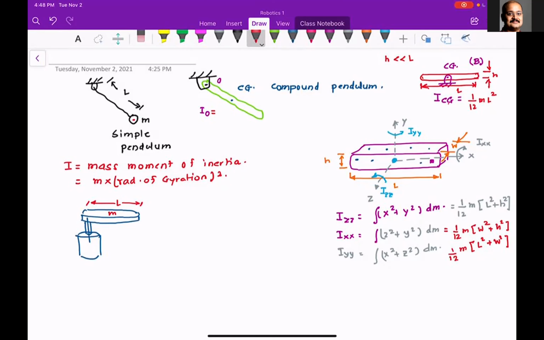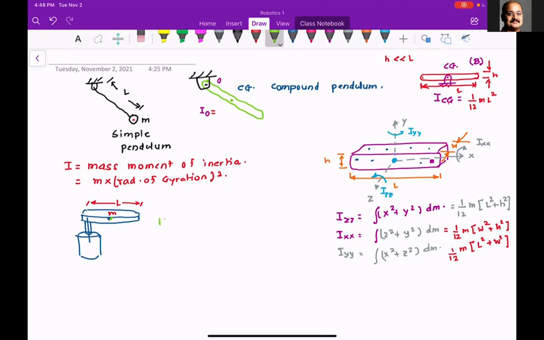So in this case, we just have one single body. So the center of gravity is somewhere over here. So this is the center of gravity. I'm going to write down the mass moment of inertia at the center of gravity as ICG.